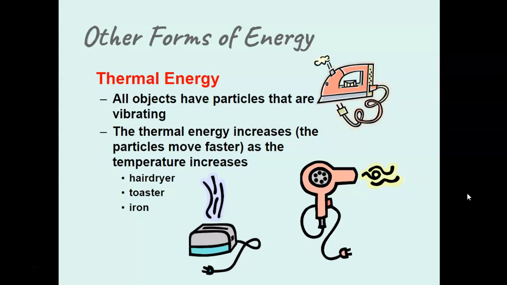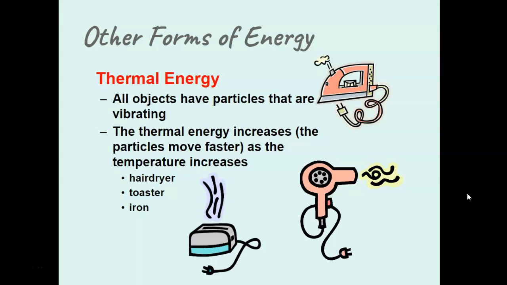For instance, look at the toaster below. The toaster is heating the particles of air around the toaster itself. Those particles begin to vibrate faster. That faster vibration causes the air above the toaster to heat.